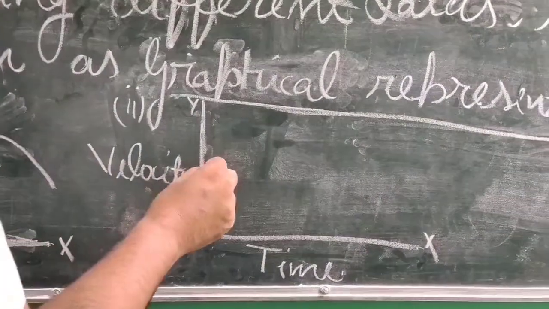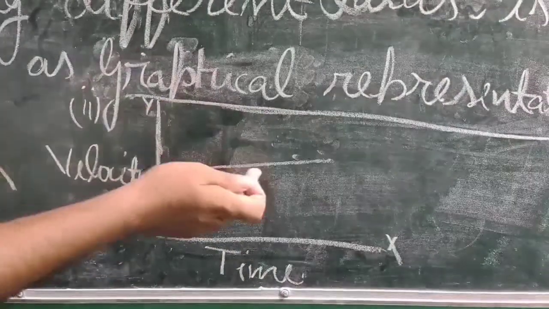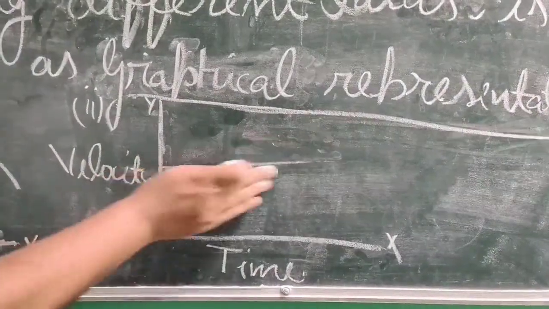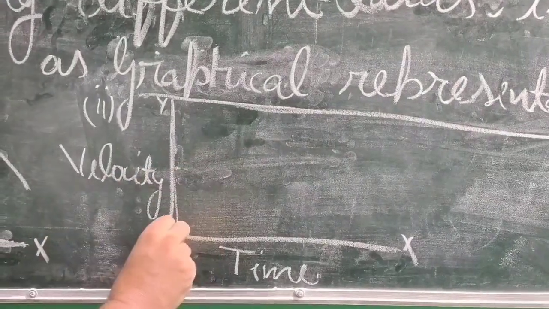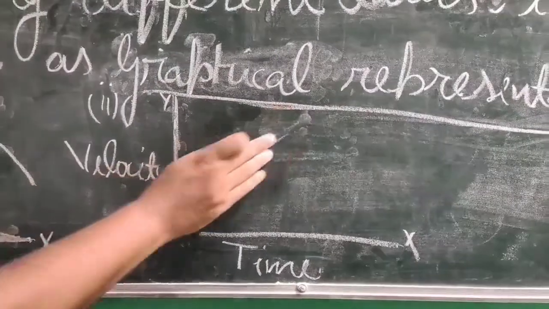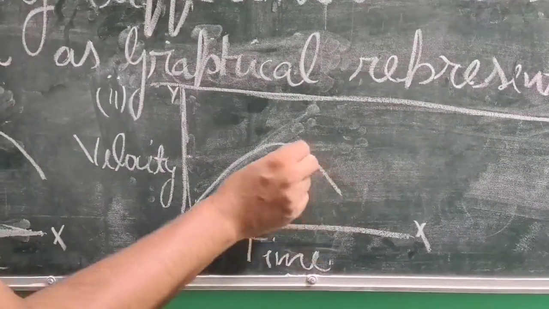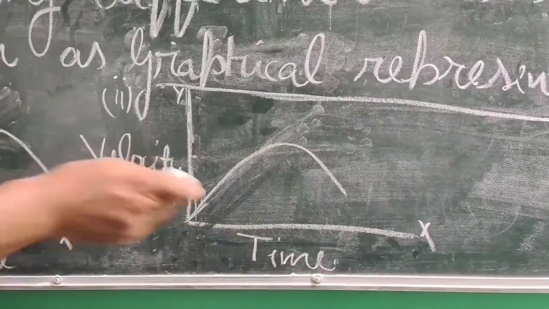If the object is moving at the same velocity, it means the object has zero acceleration. If the object is moving like this, it means there is positive acceleration. If the object is moving like this, it means the object has negative acceleration.